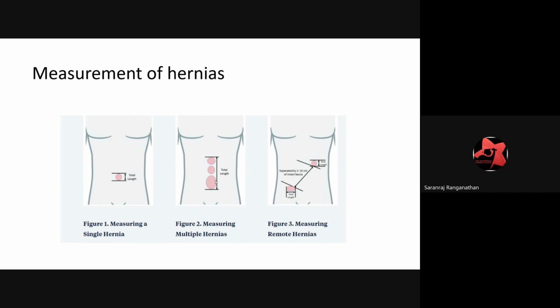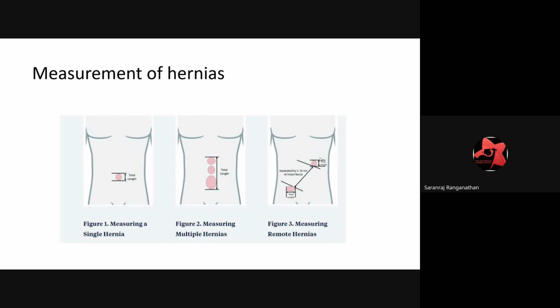If they are removing only two or three hernias, but the difference between the hernias is 10 centimeters or above, we have to calculate based on the individual length only, not the combined length.